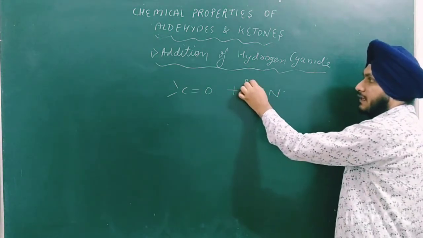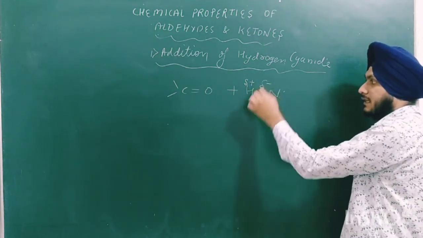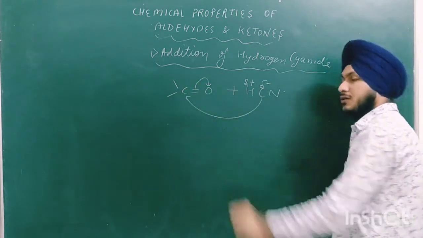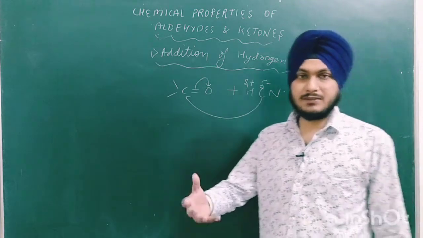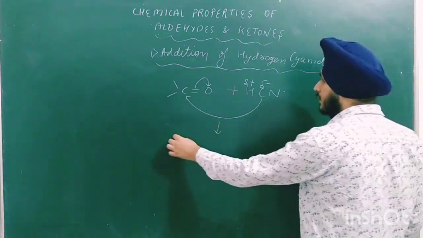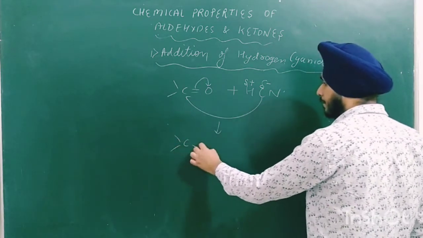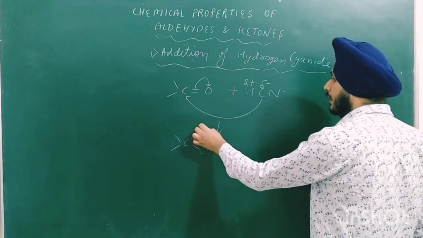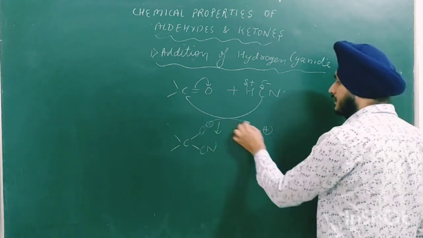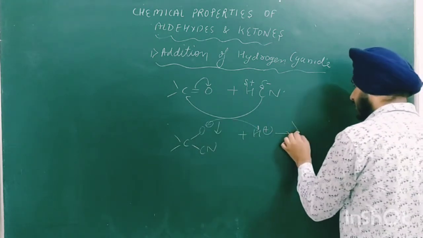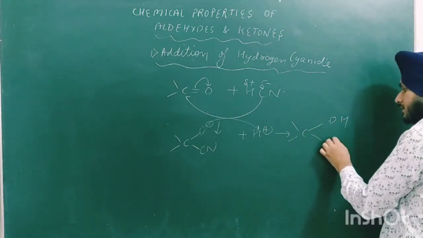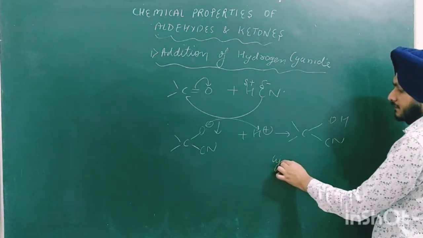Here we have partial positive, partial negative. So firstly the cyanide will attack this carbon. So nucleophilic addition reaction takes place, which means firstly the nucleophile will attack. This thing should be clear. So CN over here, O negative, then this H positive will be attracted by this oxygen atom, and we will get this product, OH and CN. This is known as cyanohydrin.